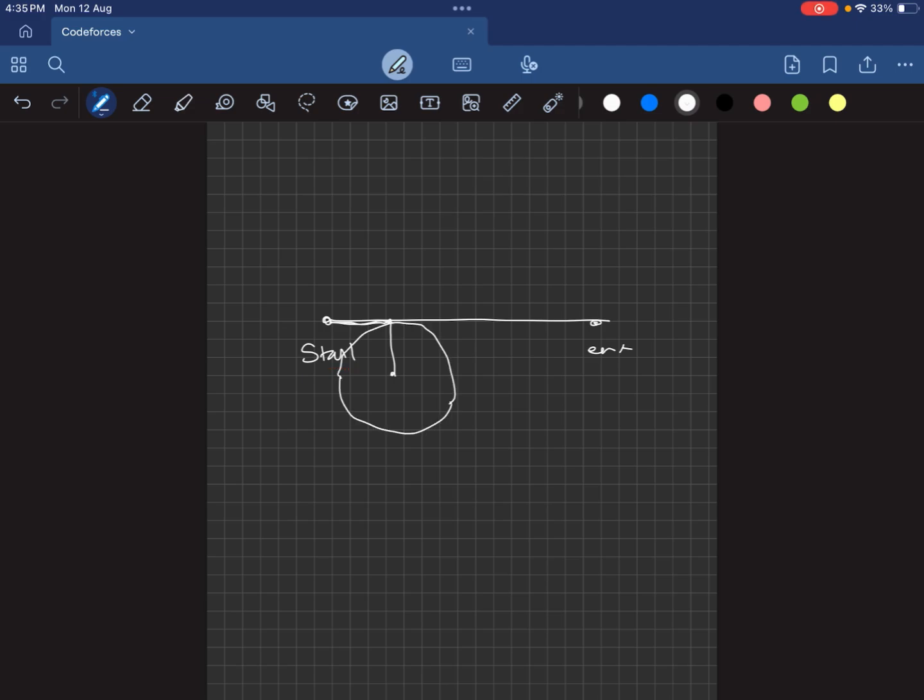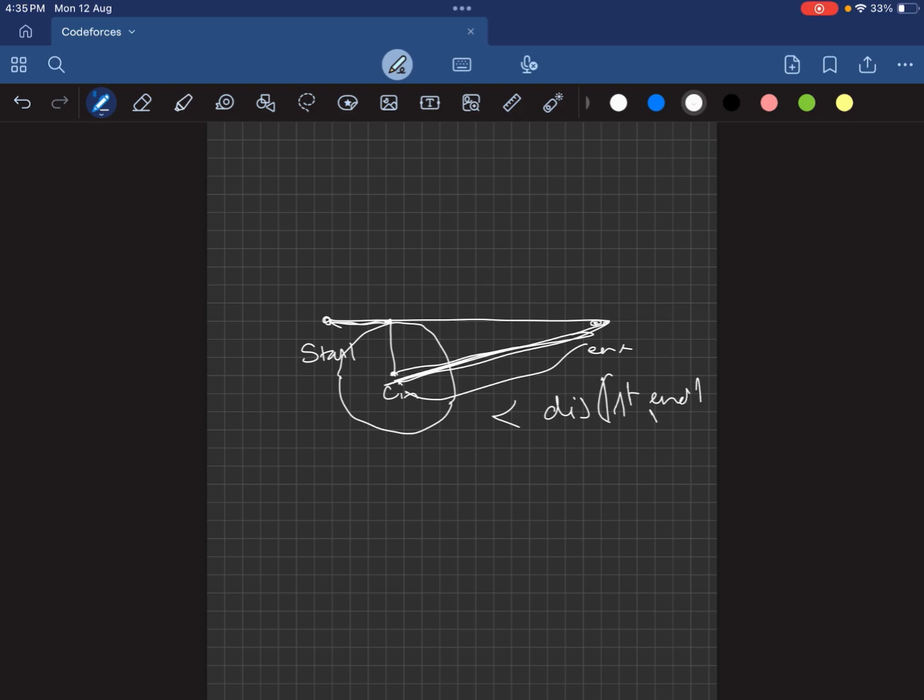So in this case, if you look at the distance from start to end, and from this circle to end, this distance will be less than the distance between start and end.